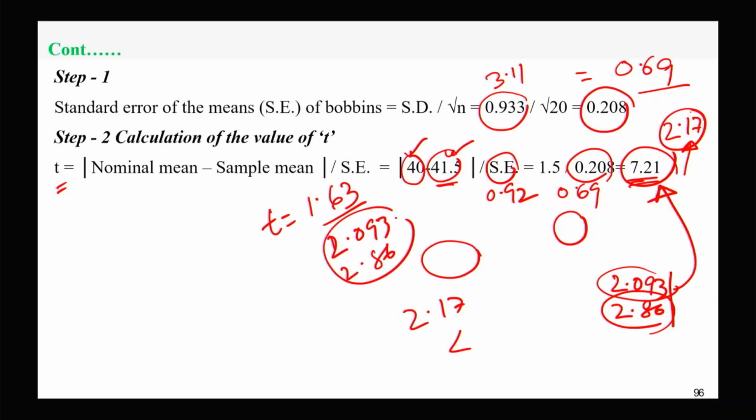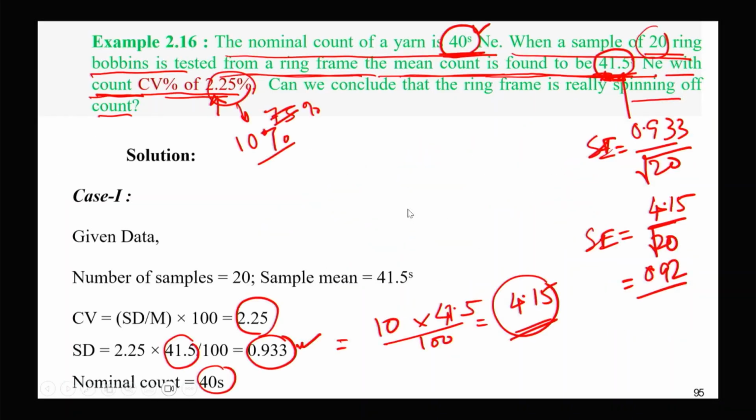That means the difference is insignificant. What have we done? We have not done anything else; the readings are the same.